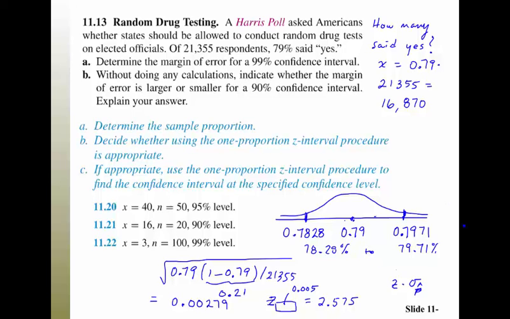How can we be that confident on that small of an interval? What's the key here? What's going on? Yeah, it's such a huge sample size, right? The bigger your sample size, the more and more confident you can be that you're close to the actual population proportion.